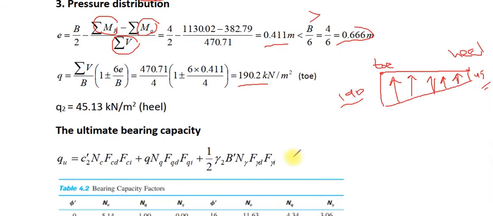Now we compute the ultimate bearing capacity according to the bearing capacity equation that we have learned in the previous course.